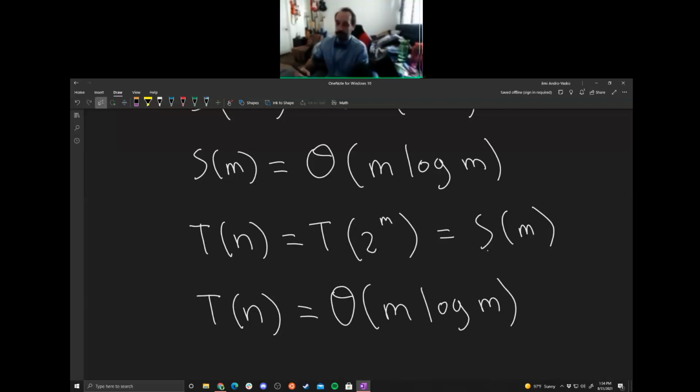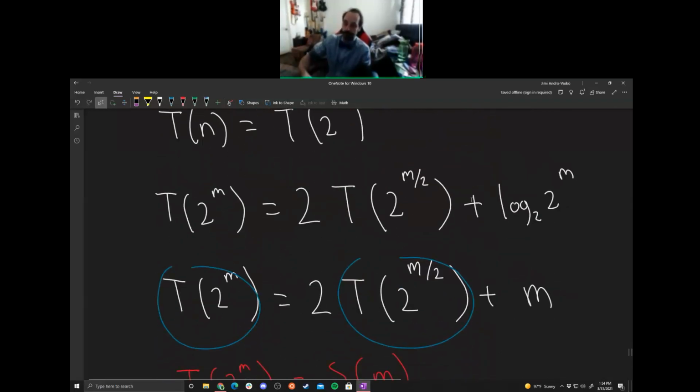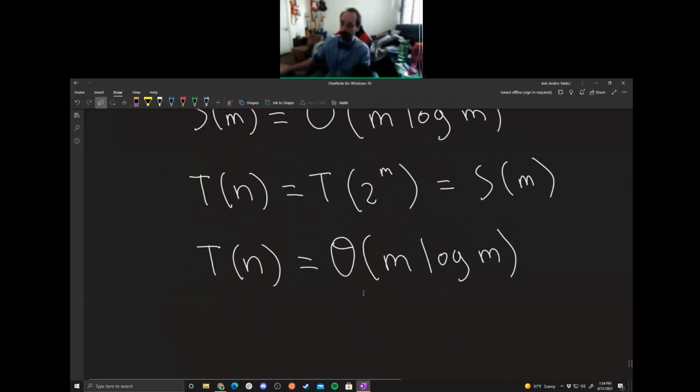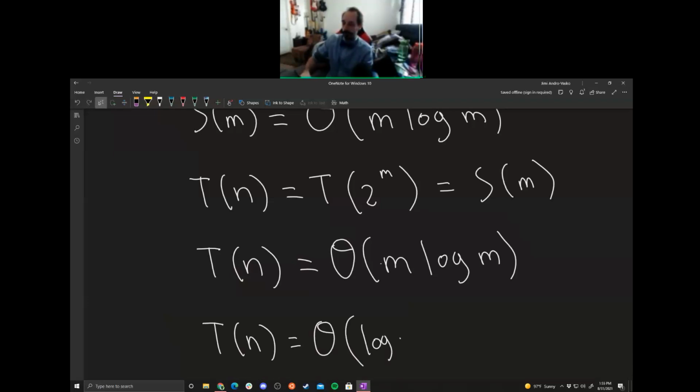And we have to replace m, so we know that m is log base 2 of n from our earlier assumption. So we're going to replace m with log n. Therefore, T(n) equals theta log n log n. So it's log n times log n.